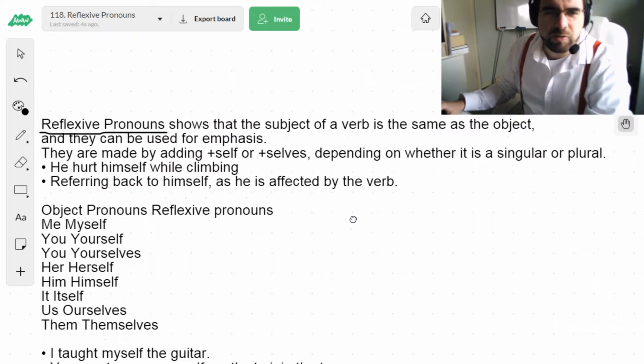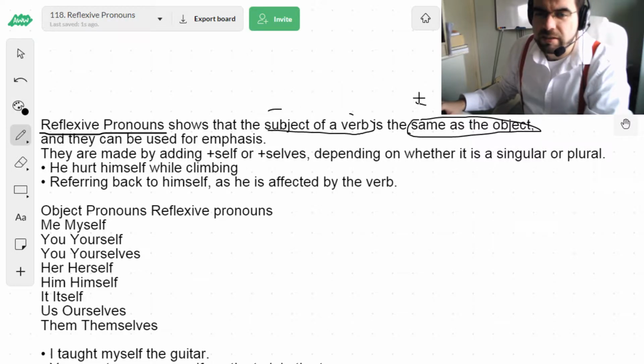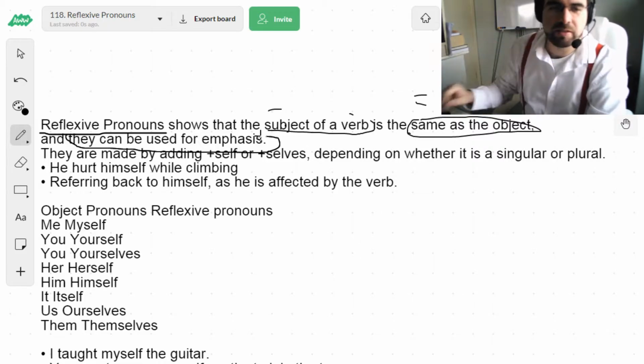So, reflexive pronouns show that the subject of a verb is the same as the object, and we can use them for emphasis, to emphasize a point.